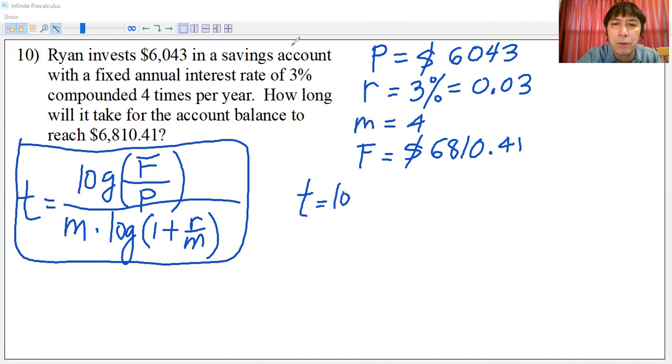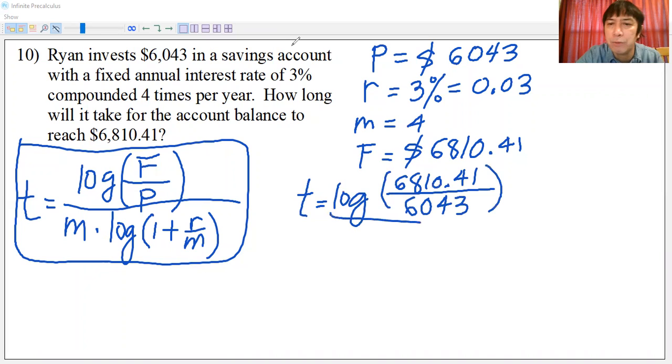This is the logarithm of the ratio of the F, 6,810.41, over P, 6,043.